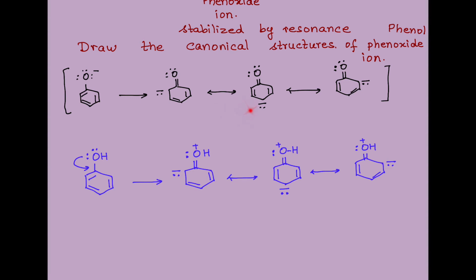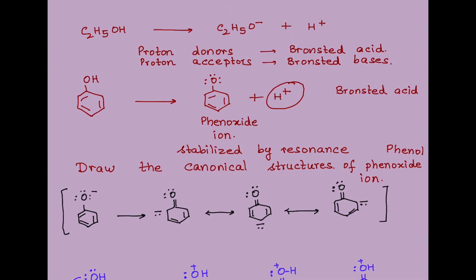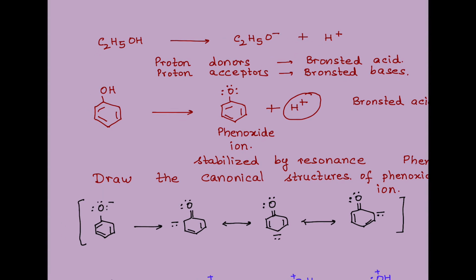They do have a tendency to lose a proton when there is a proton acceptor. So for example, if we take water or a base, these are all proton acceptors.